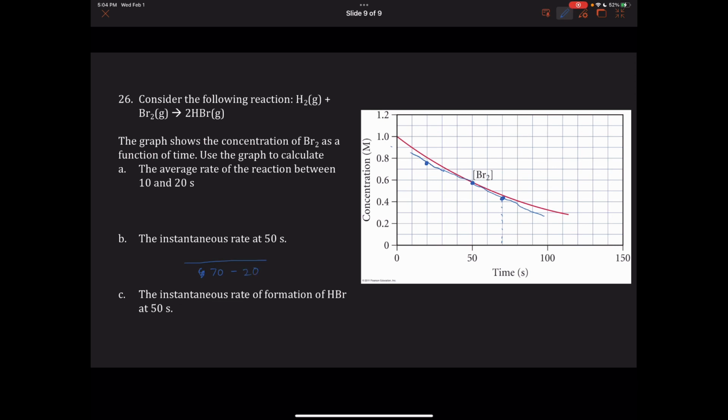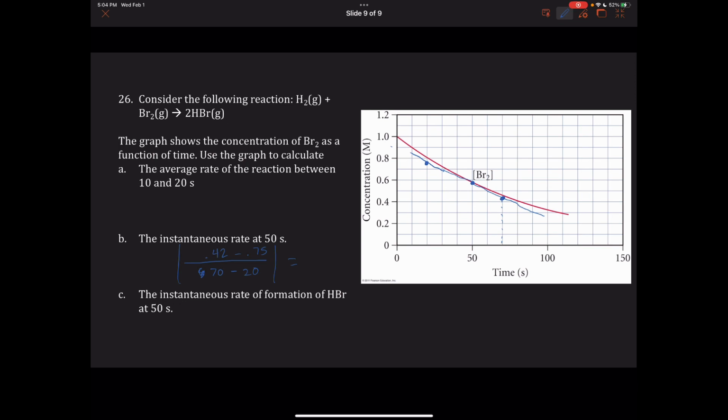My concentration at 70 seconds is about, let's say, 0.42. My concentration at 20 seconds is about 0.75. We take the absolute value. Again, this particular graph isn't so great, and my tangent line's not so great.